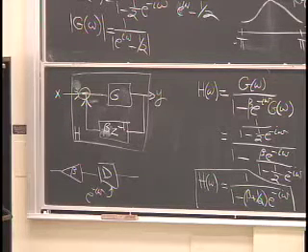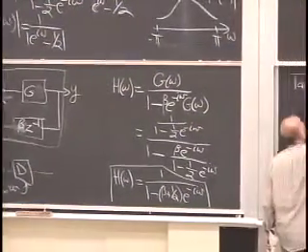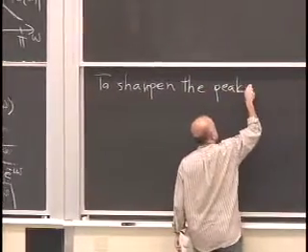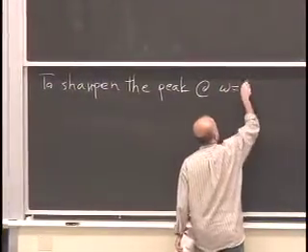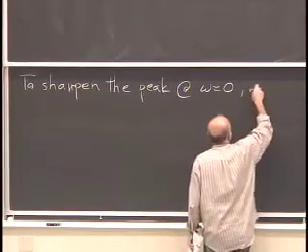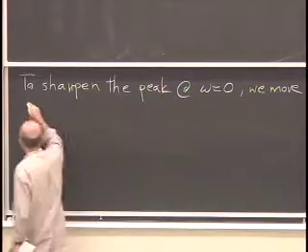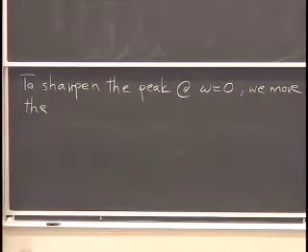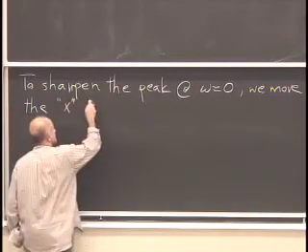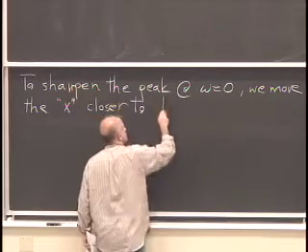So to sharpen the peak at omega equals 0, we move the x closer to 1.